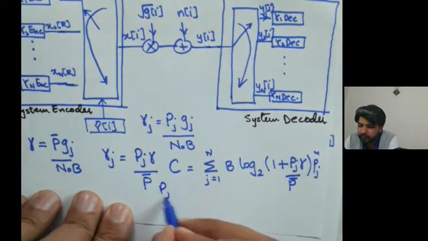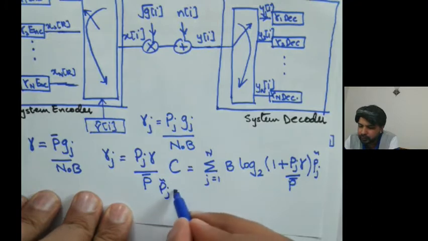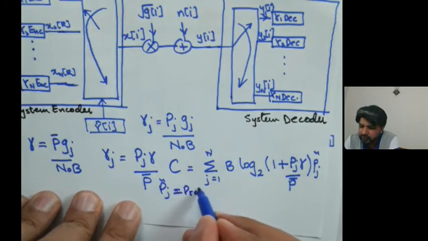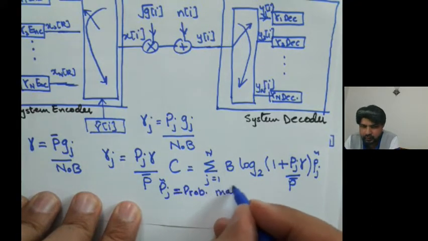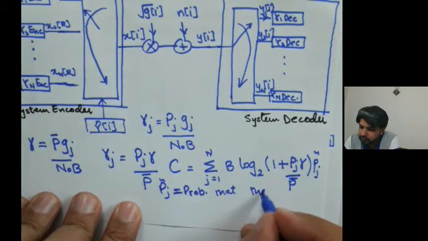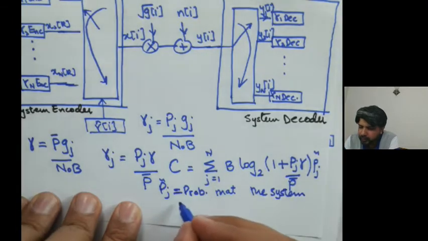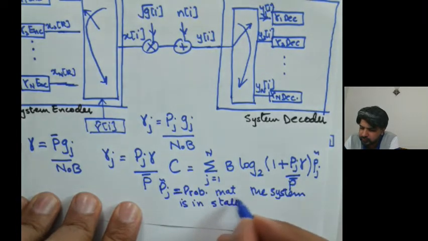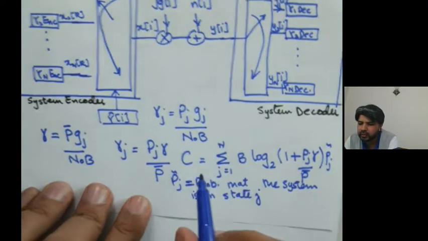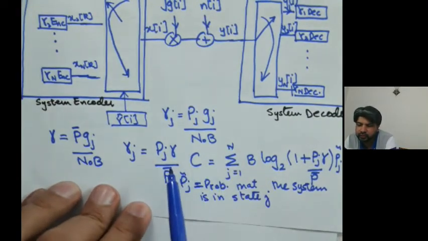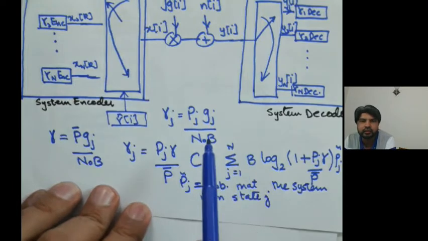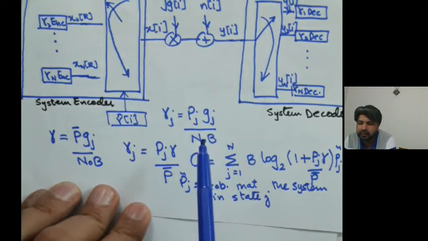So pj tilde is the probability that the system is in state j, or in other words, your instantaneous signal to noise ratio is equals to gamma j.